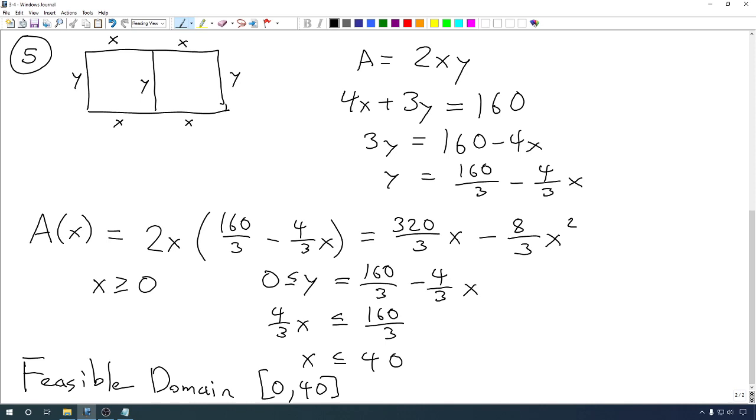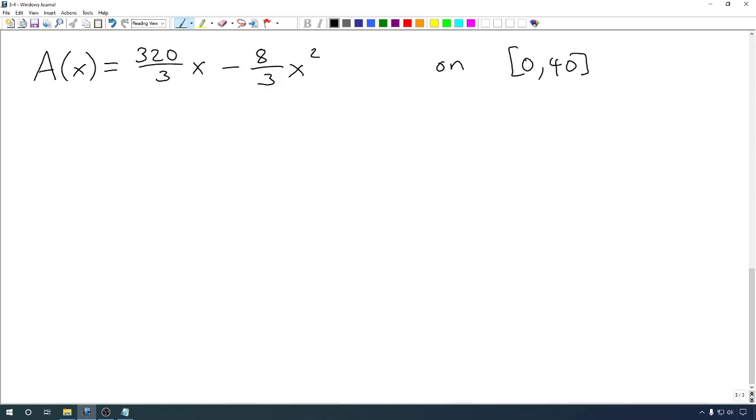And this is actually pretty nice for us, because what we're saying is that we have a continuous function, or actually a differentiable function, on a closed interval. And those were the particular cases that were the best to use back in 3.2. Now this has become essentially a 3.2 problem, where we're trying to find the maximum value of this function on this interval.